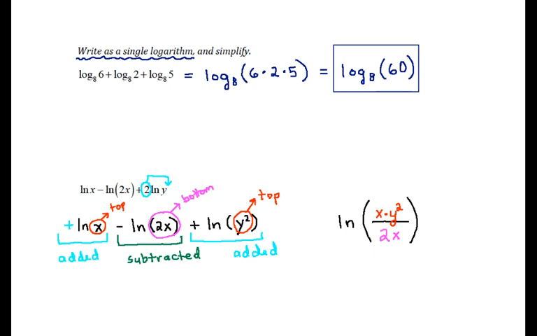And the only other thing I have to do at this stage is reduce. I can see I have a factor of x in the numerator. I have a factor of x in the denominator. Those are going to cancel each other out, but nothing else simplifies in this particular case. So I'll go ahead and write this as the natural log of y squared over 2.